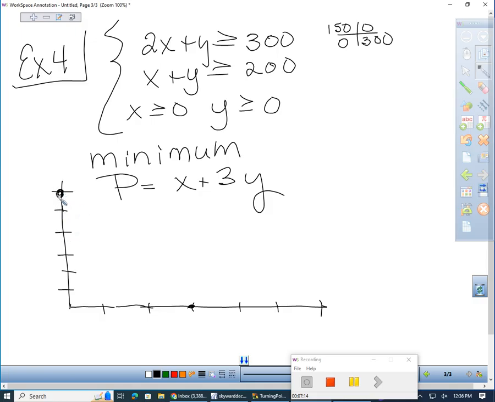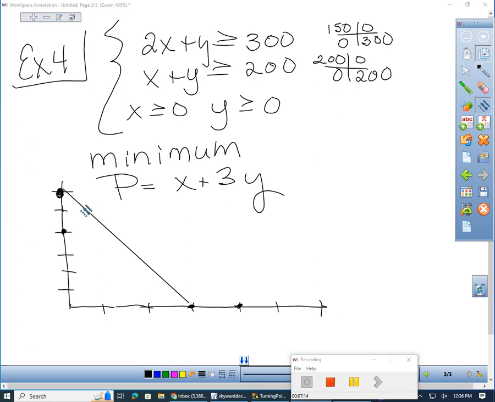So here's this one. I'm going to connect my dots. Next, I'm going to do it by intercepts again. So if I put 0 in for y, I get 200. If I put 0 in for x, I get 200. So here's 200. Here's 200. I'm going to connect those.